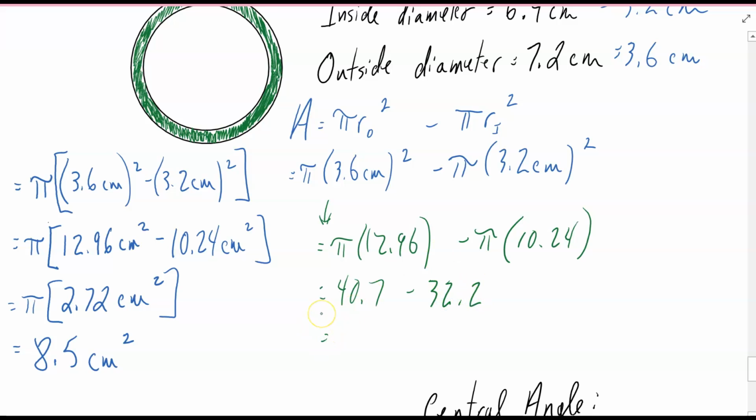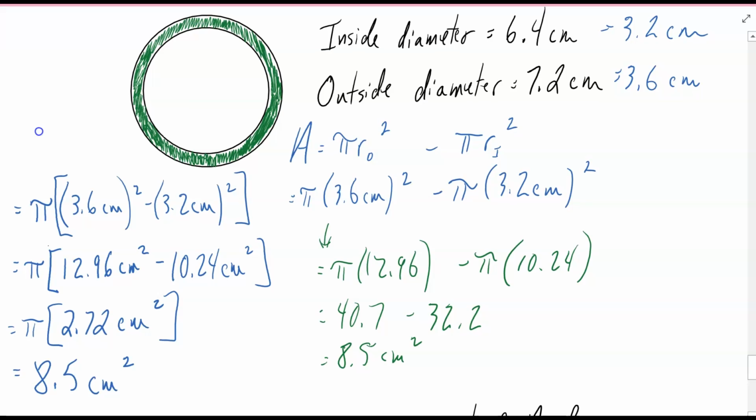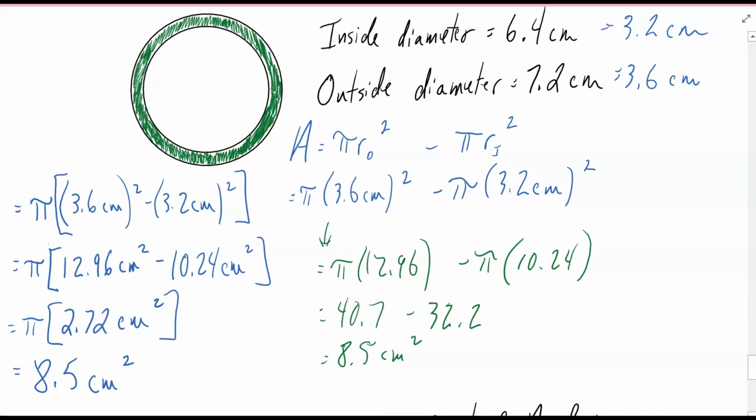And when we do the subtraction, 8.5 centimeters squared. All right. So two different routes: factoring, since the pi is a factor in each, it can be factored out and brought back in later.